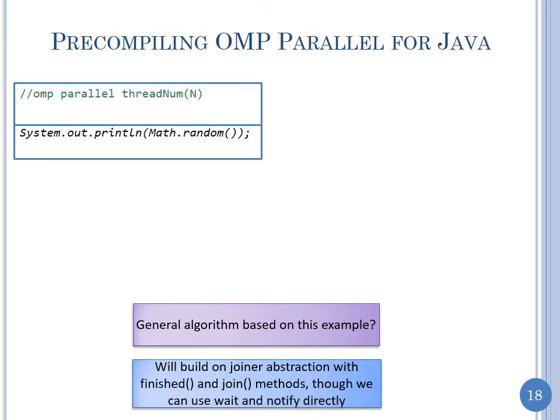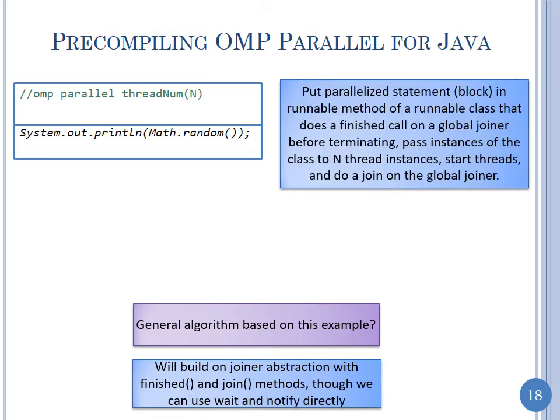And we saw that the general implementation used our joiner abstraction. Our joiner abstraction is built on top of wait and notify, so one could use wait and notify directly or some other abstraction. In fact, the actual solution we'll see uses another abstraction. And the whole idea was that we want to parallelize a piece of code that can occur in a method or may not occur in a method.